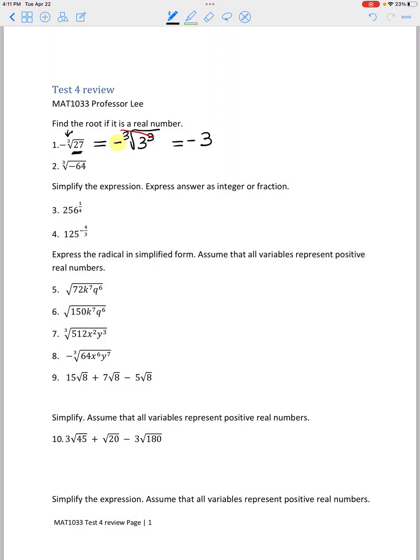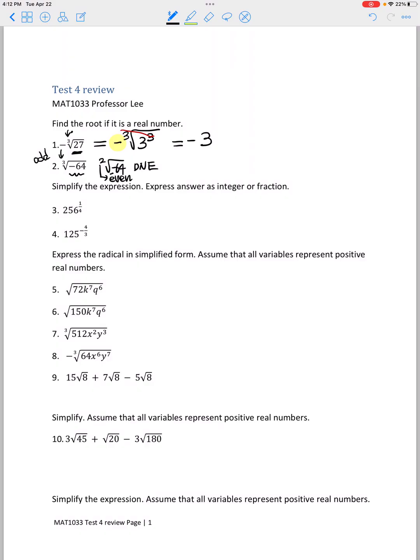Number 2, I've got an odd index, which is 3. When we get just negative 64 with index 2, if we get an even index and a negative inside, this one does not exist.